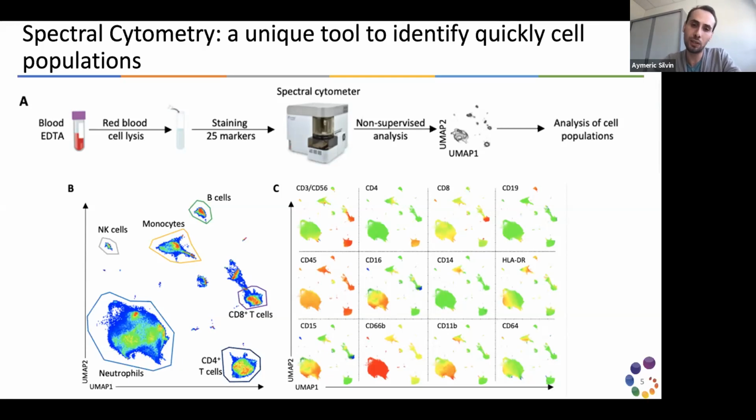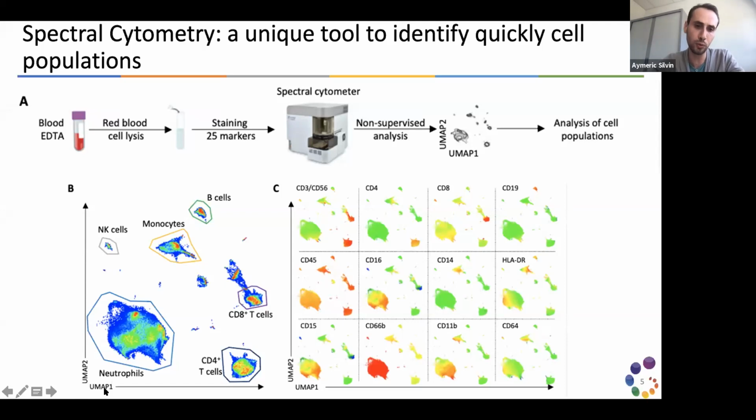After the acquisition, I checked the compensation. It was really good already with beads, and I modified it much less than what I used to do on a regular FACS. But in order to have a good representation of my cell subsets, I used a non-supervised method to cluster and to reduce the dimension, called UMAP.